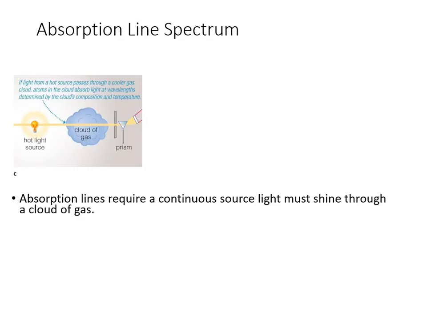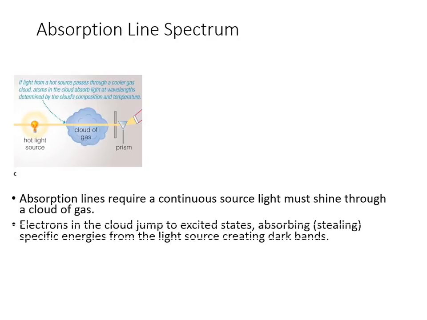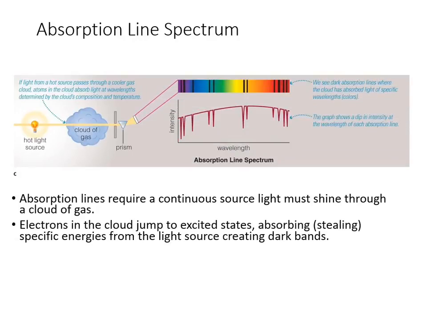Well, you shine a light through it, and instead of getting the whole light back, you get some chunks of energies that have been taken out by that cloud. Which chunks depends upon the identity of the stuff in that cloud. Whatever's in that cloud is going to give you a set of energies that's going to be absorbed.